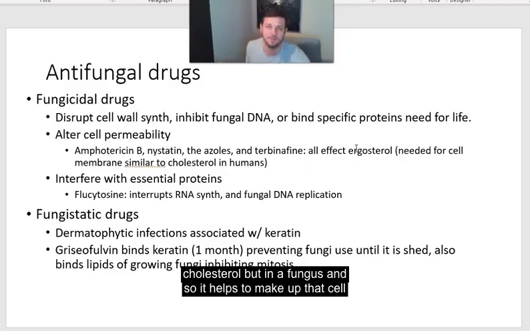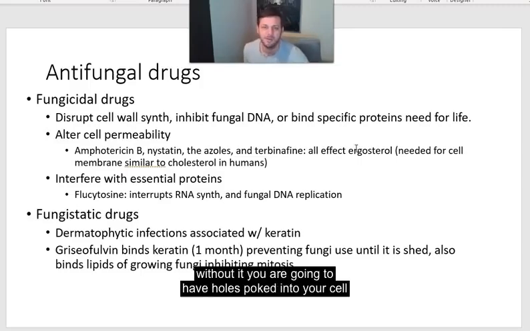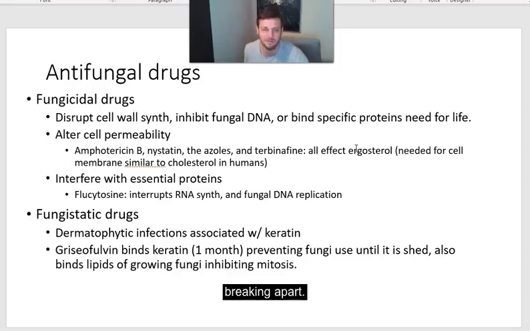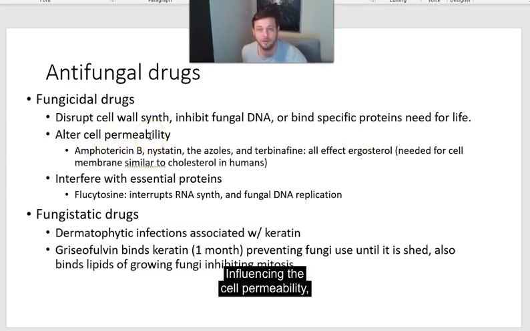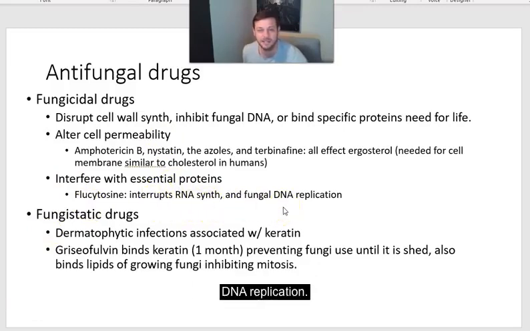And so it helps to make up that cell membrane and give it some structure, some rigidity. And without it, you're going to have holes poked into your cell membrane, or it's going to be weaker, easier to rupture, breaking apart, influencing the cell permeability, interfering with the essential proteins. Flucytosine interrupts the RNA synthesis and fungal DNA replication.